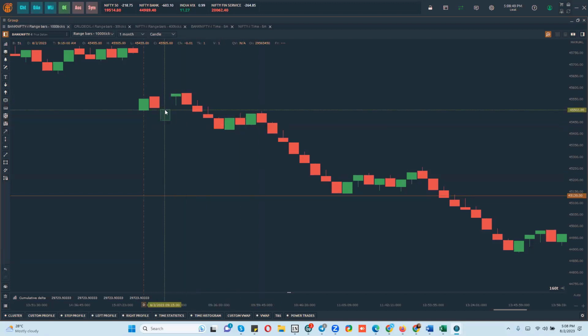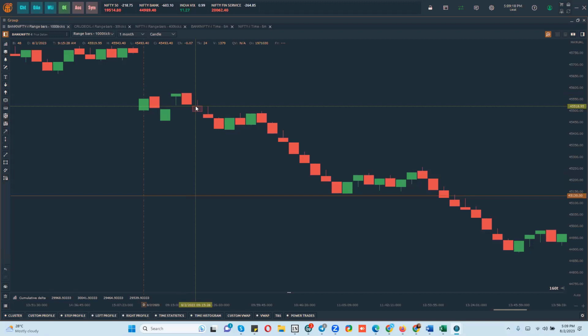Because when the market closes with a 50-point movement from the low or the high, a new candle starts. When this candle was closed at this level, a new candle was started. This candle was closed, a new candle was started. So always the high and the close, or the low and the close, will be the same.